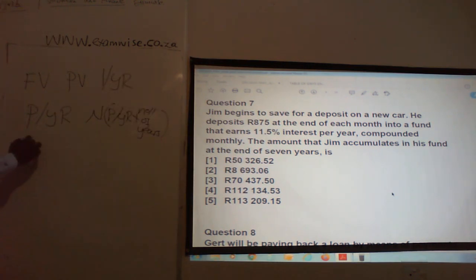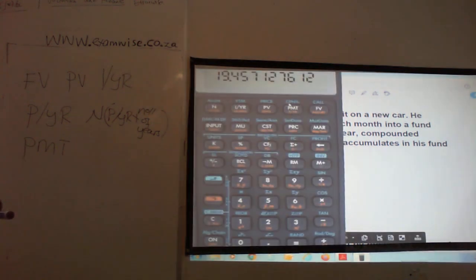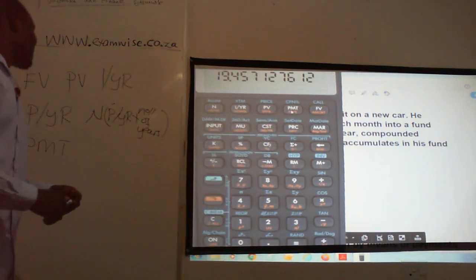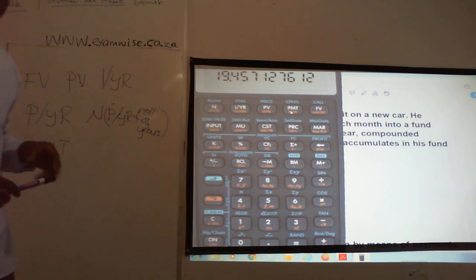So we have to introduce another variable which we call PMT, and on our HP calculator, our PMT is here. So we have future value, present value, I/YR, P/YR, N, and PMT. Here we are now having 6 variables.